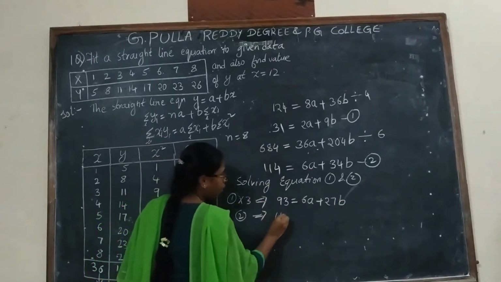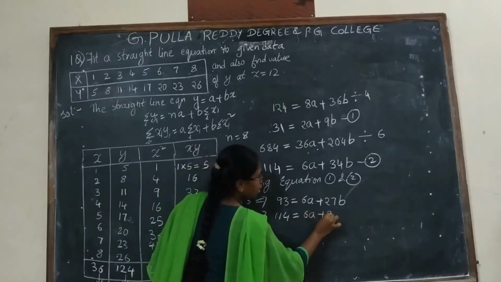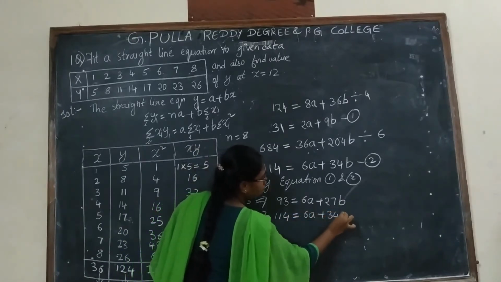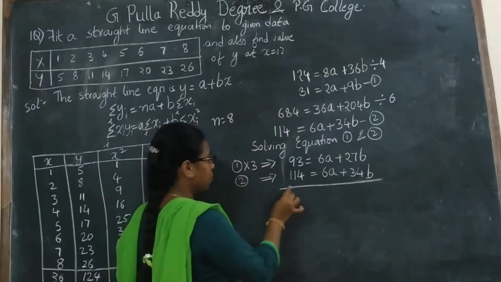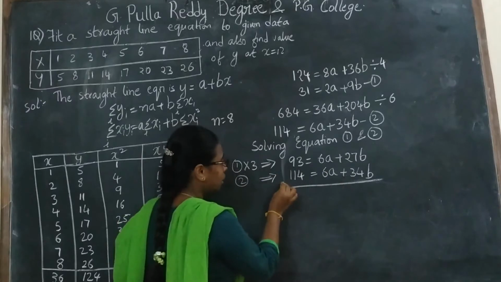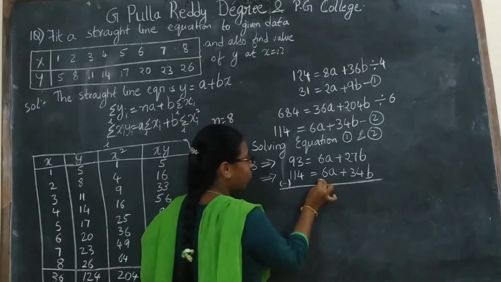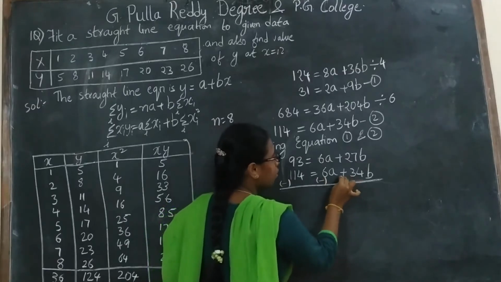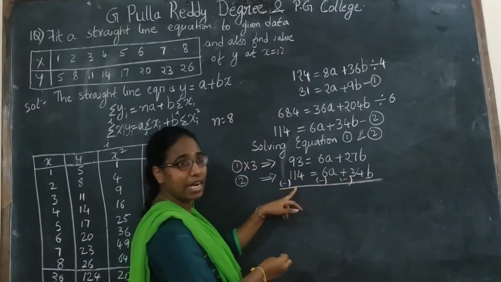You will get 114 equals 6a plus 34b. Now equation 1 minus 2. In the second equation, the signs will be changed. Here you have plus, so you will write minus. Here also we have plus, so you will write minus. Here also minus.